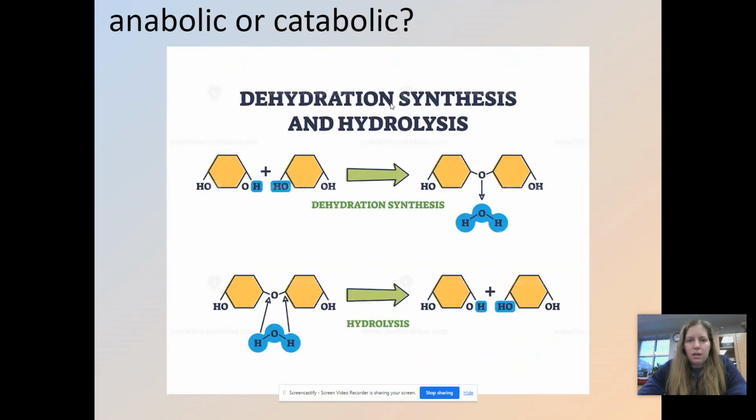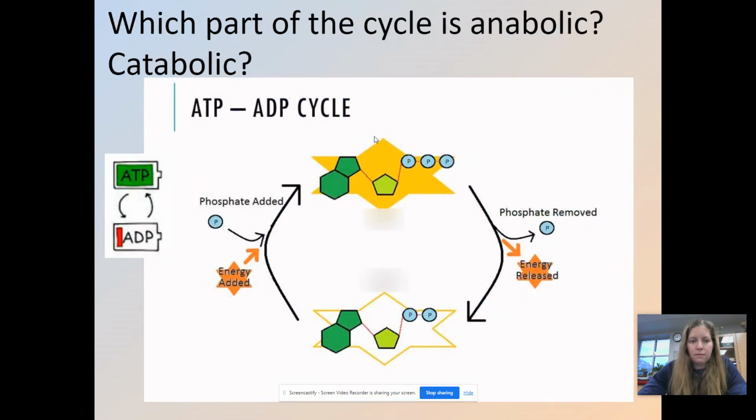Kind of a quick concept check question here. Will dehydration synthesis be anabolic or catabolic? And will hydrolysis be anabolic or catabolic? Look back at your ATP-ADP cycle. Which part of this cycle is anabolic?